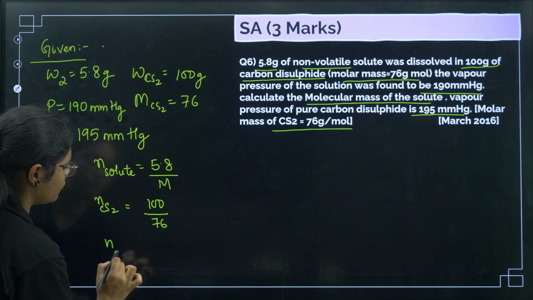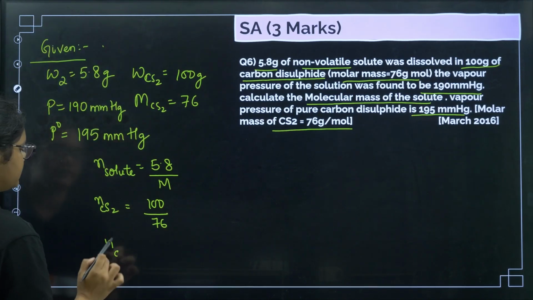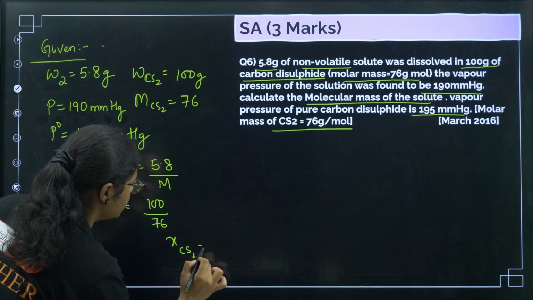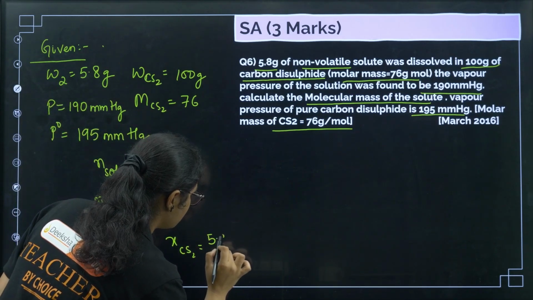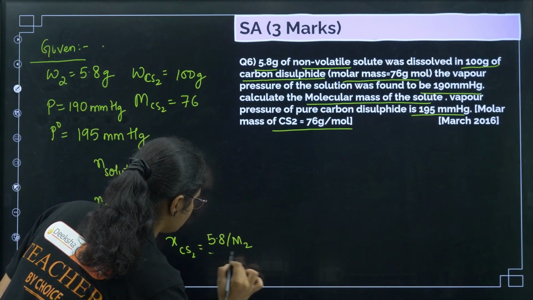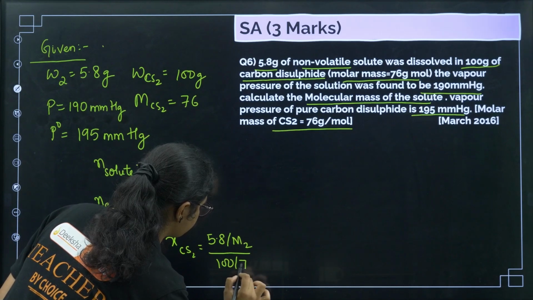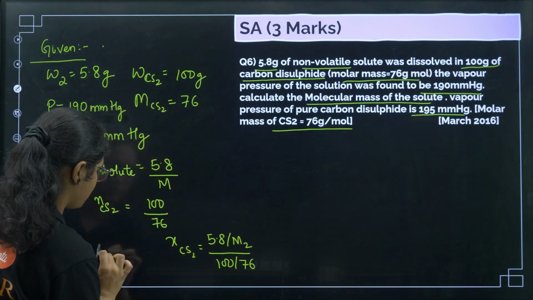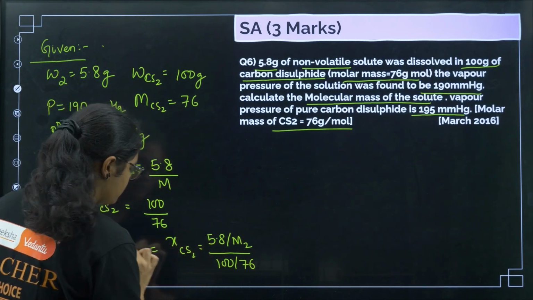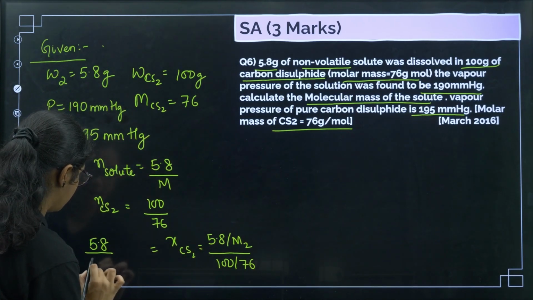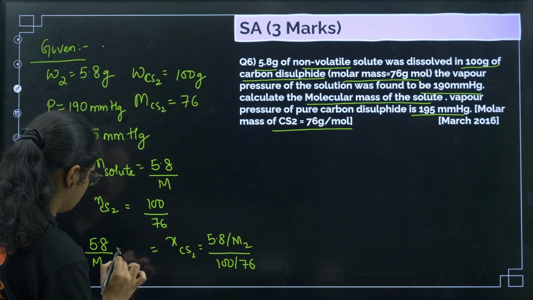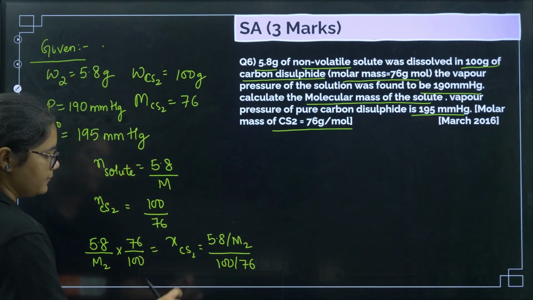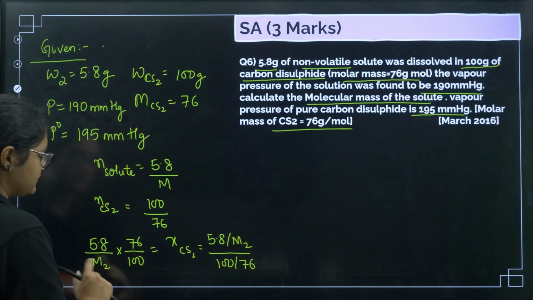So the mole fraction of CS2 will be 5.8 by M2 divided by 100 by 76. We can write it in a simpler form: this will be equal to 5.8 by M2 into 76 by 100. This is your XB.